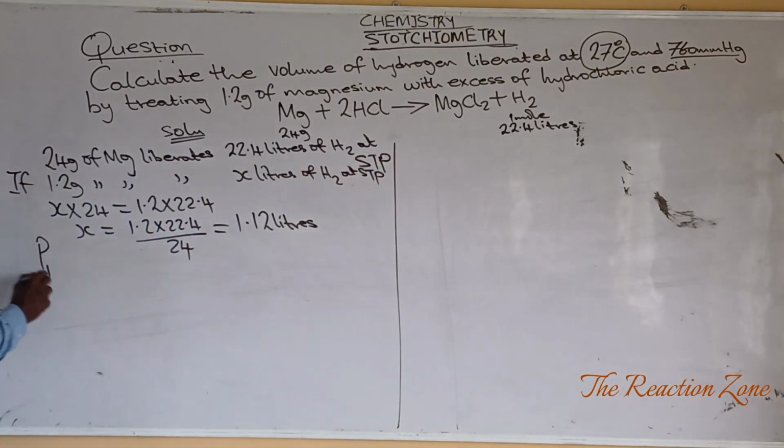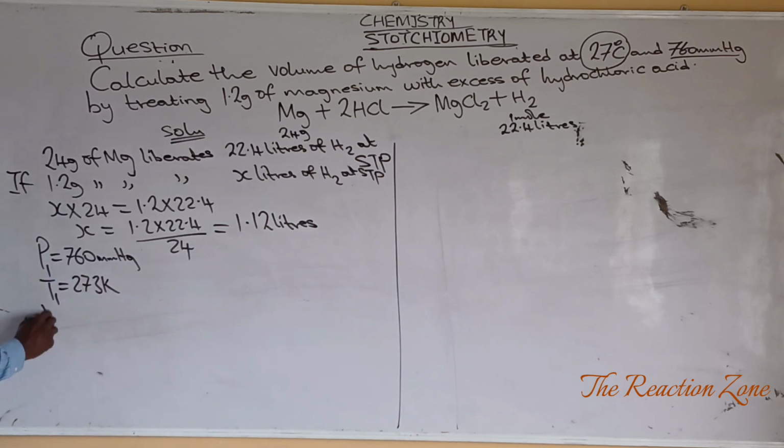So, our P1 is going to be the value of standard pressure, which is 760 millimeter mercury. Our T1 is going to be the value of standard temperature, which is 273 Kelvin. Our V1 is going to be the volume of hydrogen liberated at standard temperature and pressure, which is 1.12 liters.